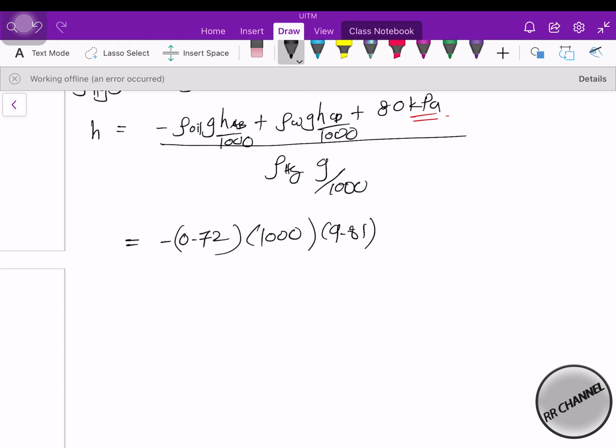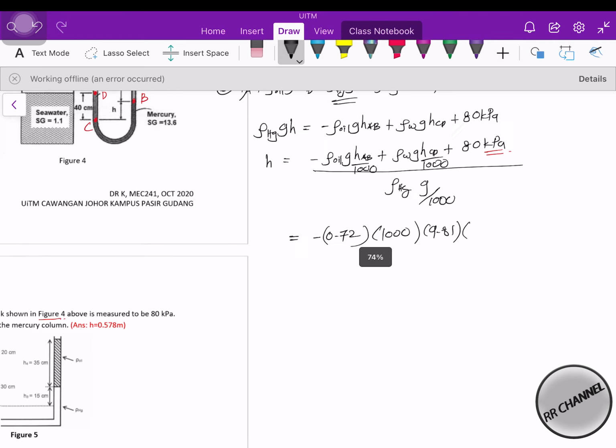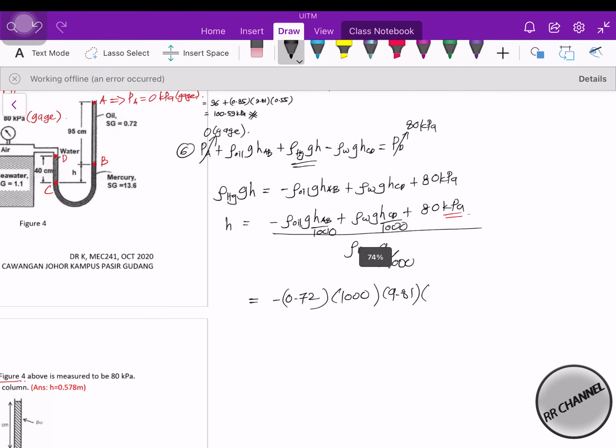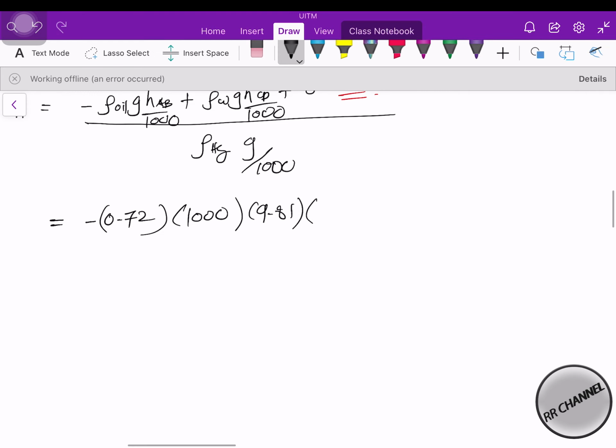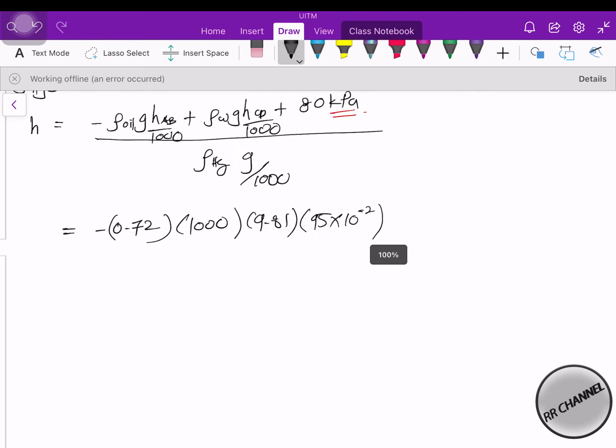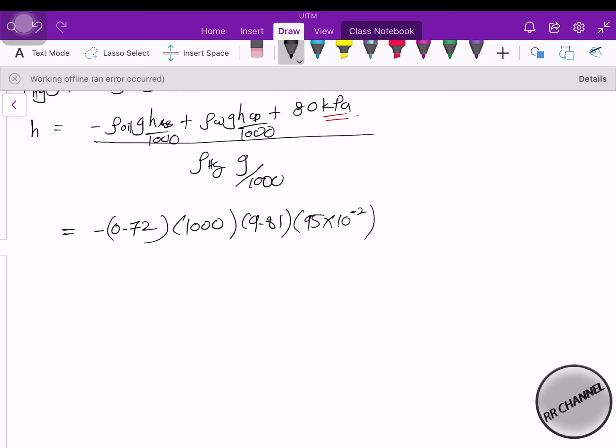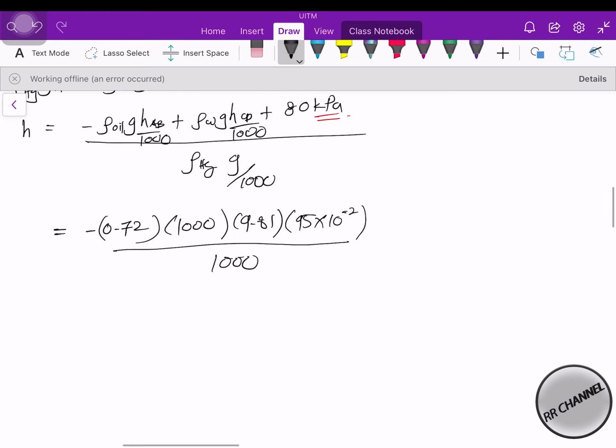Then multiply with the distance from point A to point B, which is 95 centimeter. So put here 95 times 10 to the minus 2 meter, and then divide by 1000. So this is the first term here.